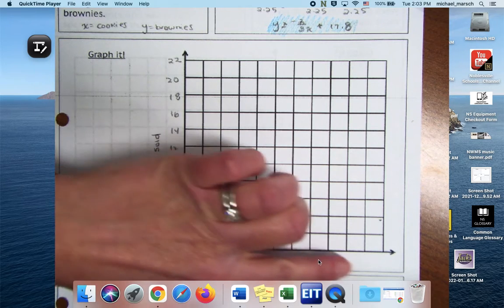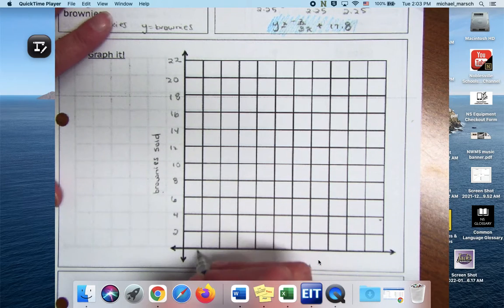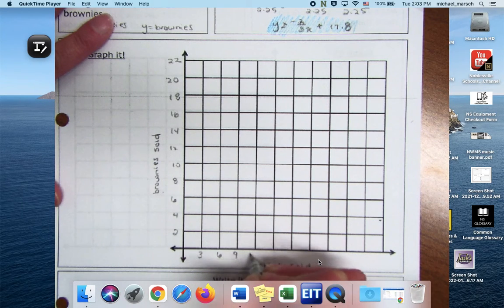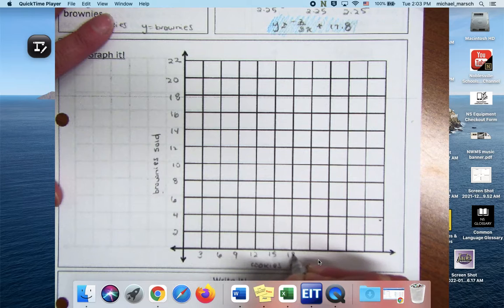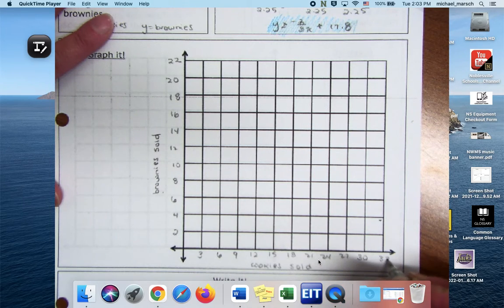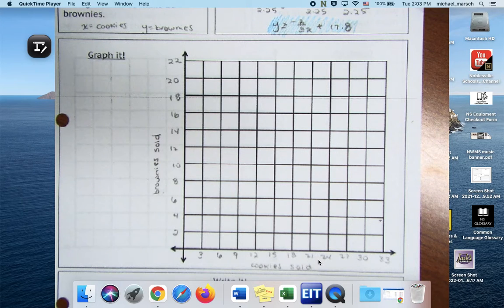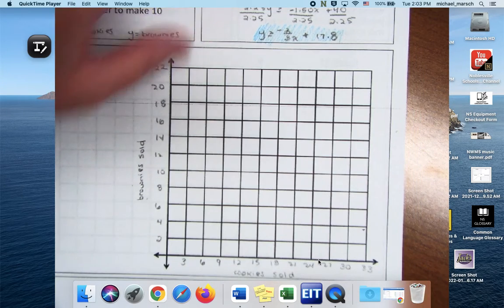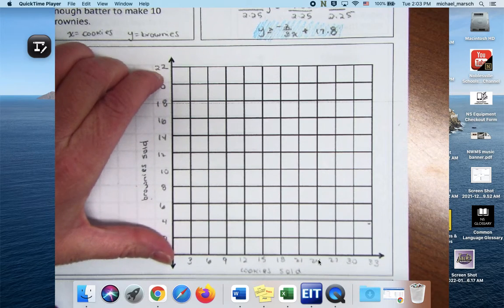What might make it easy if we do 3's? Oh, you guys are on it. So you have to create the inequalities, then you have to decide how you want to graph it.